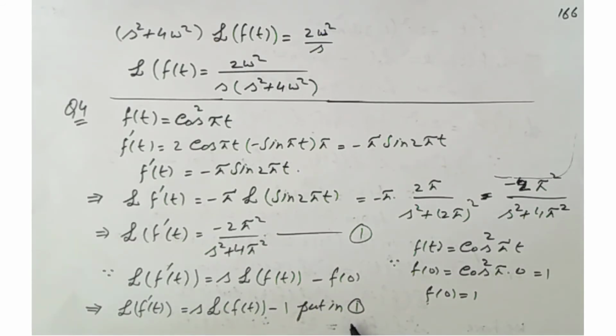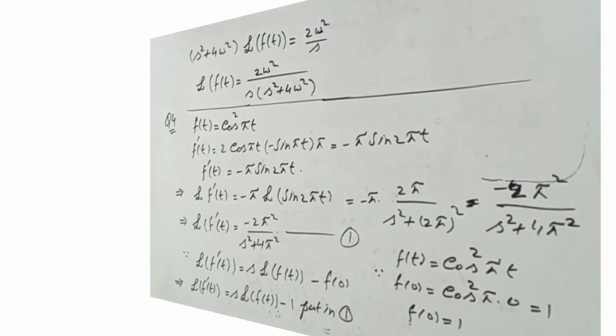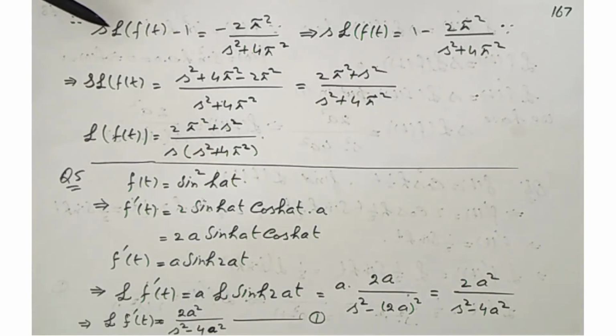Put this value in equation number 1. In this place we put s Laplace ft minus 1. So we have s Laplace ft minus 1 equal to minus 2 pi square over s square plus 4 pi square, and take this minus 1 to the right side. So we have s into Laplace ft equal to 1 minus 2 pi square over s square plus 4 pi square.